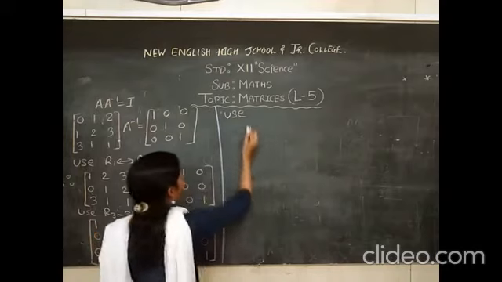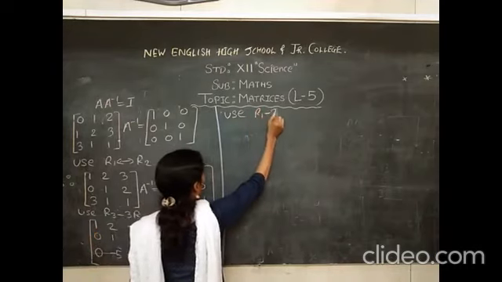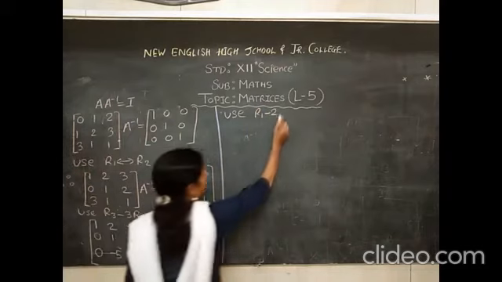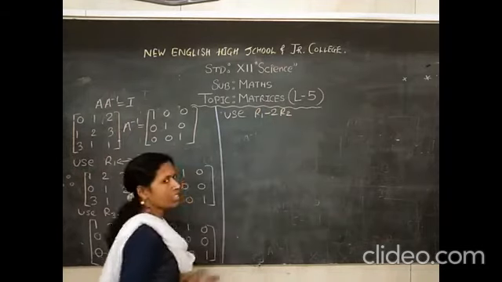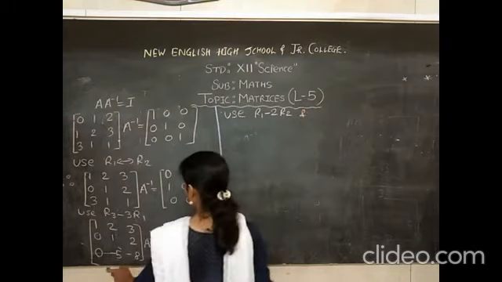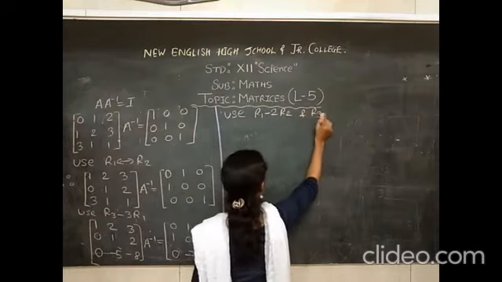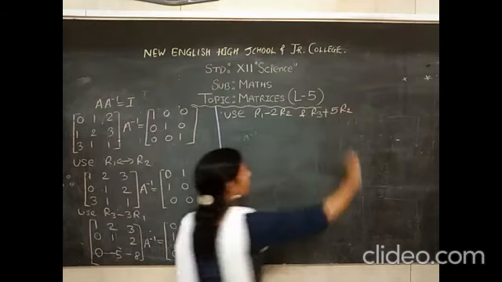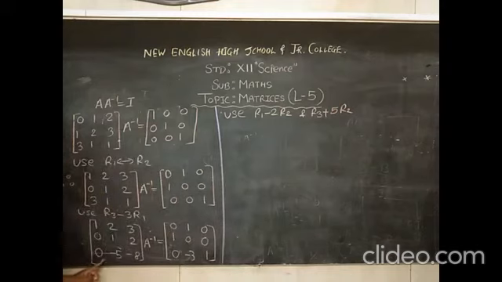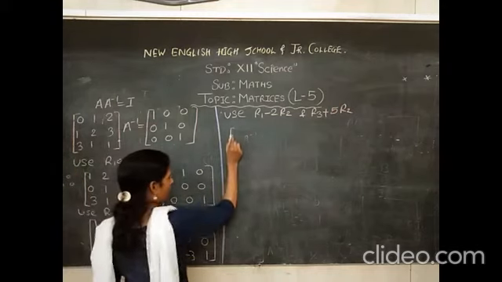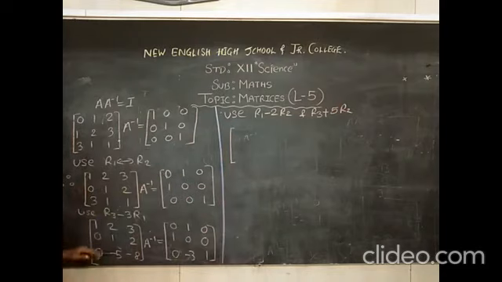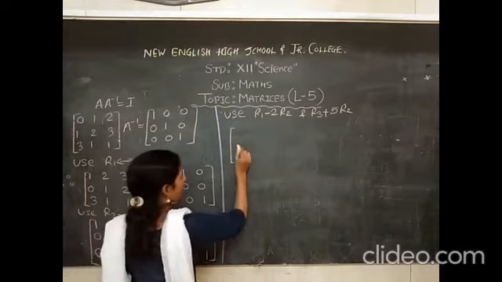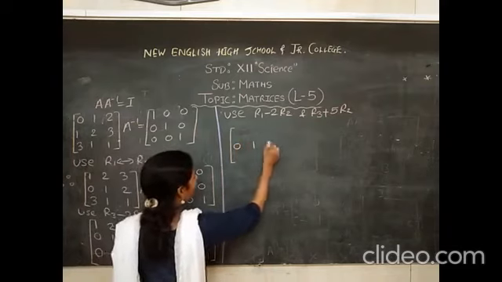Let us do it. R1 minus 2 times R2. In same step, I am doing R3 plus 5 times R2. Both I am doing in same step. Write it. Here we are using R2, means R2 will remain as it is. No change at all in R2. It will remain 0, 1, 2 as it is.